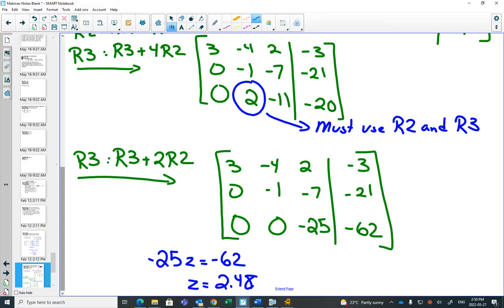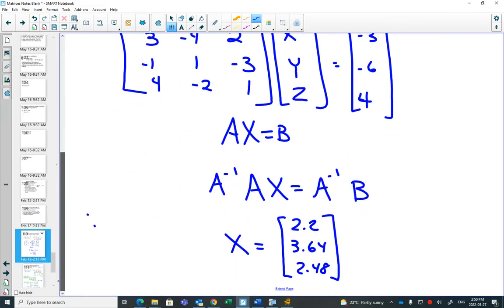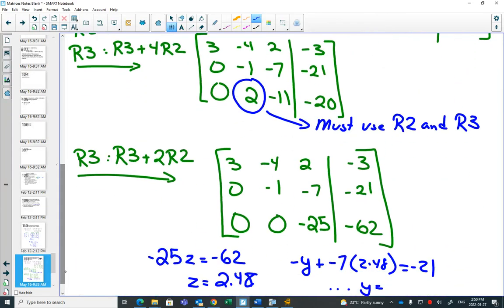So what would you do next? You would go to this second equation in Gaussian elimination. And you would say, I know that negative y plus negative 7 times 2.48 equals negative 21. Yeah, I wouldn't either, so we're going to cheat. Just follow Michael's footsteps here. 3.64. This is his recommendation.